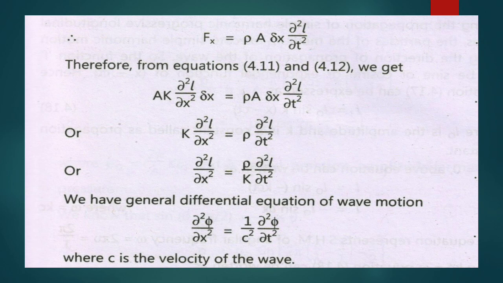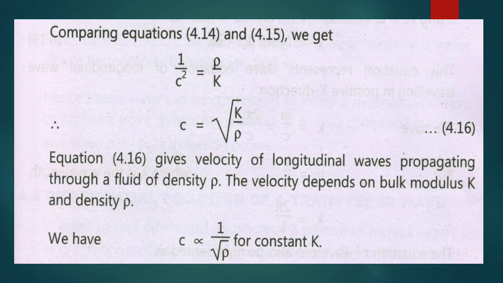Now the general differential equation of wave motion is given by ∂²phi/∂x² is equal to 1 by c squared ∂²phi/∂t², where c is the velocity of the wave. Comparing the two equations, we get 1 by c squared is equal to rho by K. Therefore, c is equal to square root of K by rho.